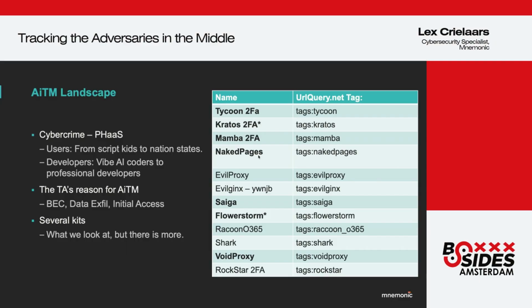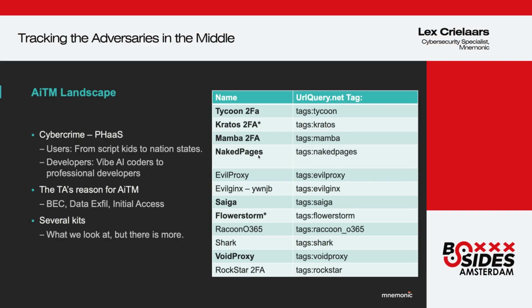The ones that are in bold, so Tycoon, Kratos, Mamba, Naked Pages, Saiga, and Flowerstorm, are the ones that we have pretty much automated the entire process for ingesting threat intelligence around the deployment of these phishing kits. And the other ones, Evil Proxy, Evil Nginx, and so on, are the ones that we still do manually because they change things, they try to stay under the radar, and so on.